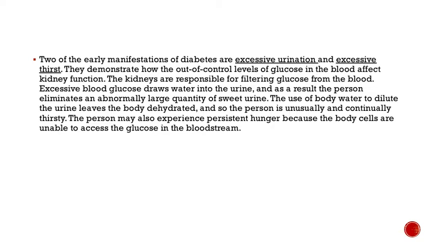Excessive blood glucose draws water into the urine, and as a result the person eliminates an abnormally large quantity of sweet urine. The use of body water to dilute the urine leaves the body dehydrated, and so the person is unusually and continually thirsty. The person may also experience persistent hunger because the body cells are unable to access the glucose in the bloodstream.